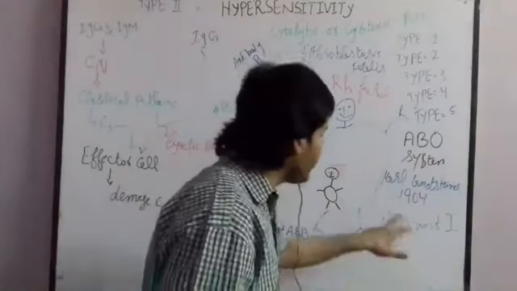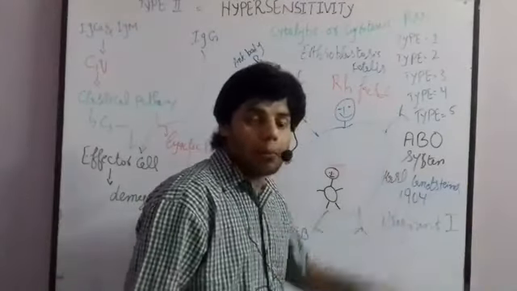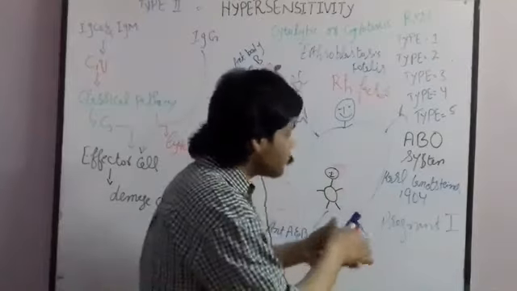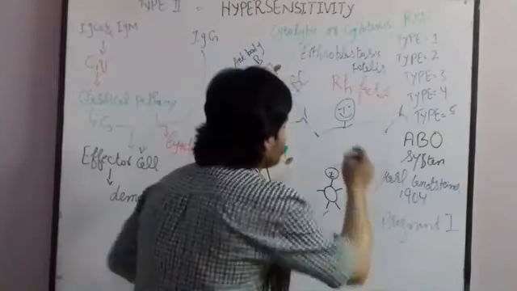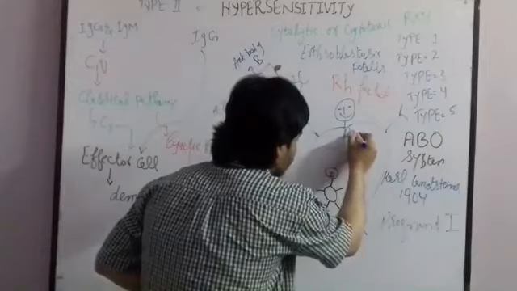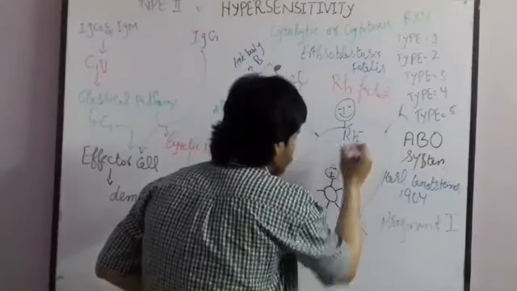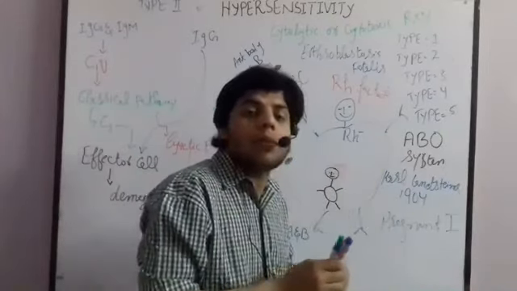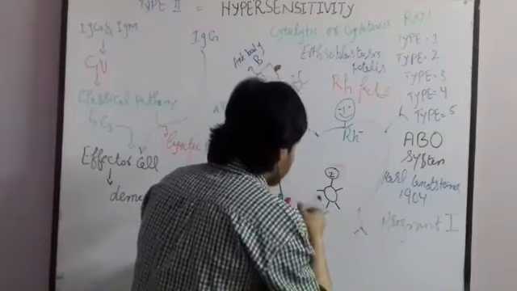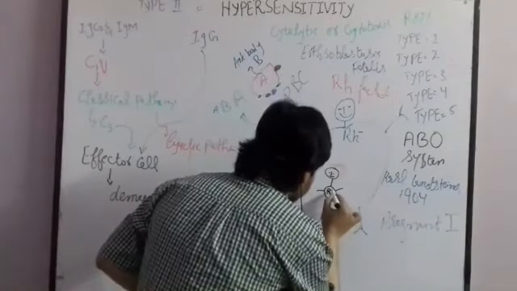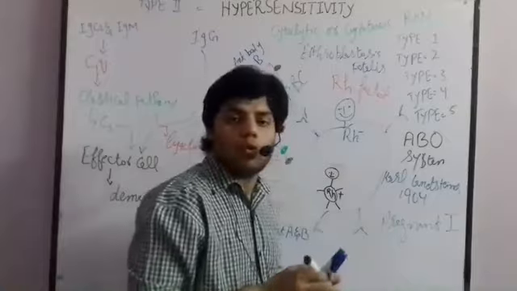Now what actually happens in pregnancy number 1 in type 2 hypersensitivity? Let's suppose the mother is RH negative, and her baby is RH positive.